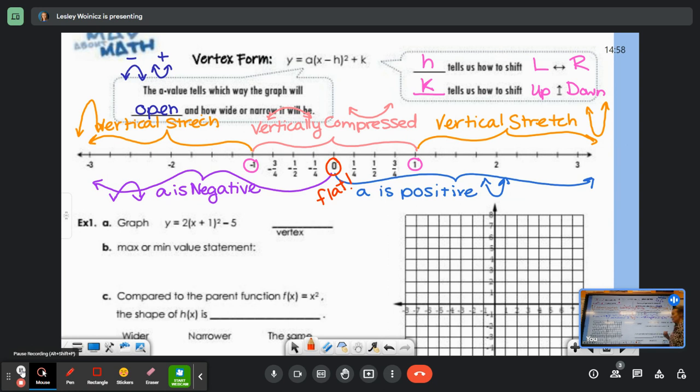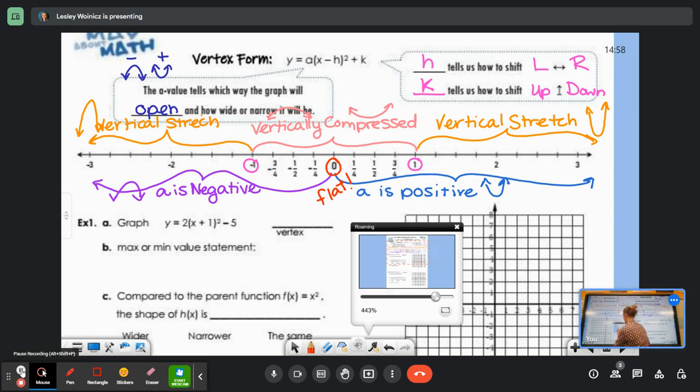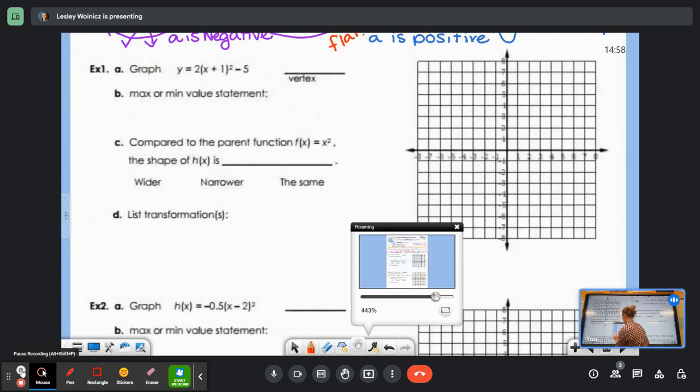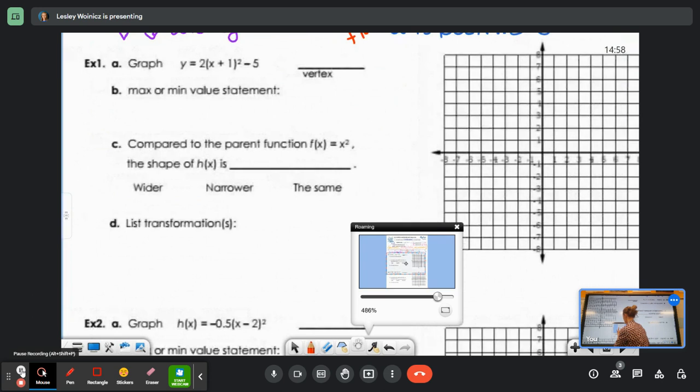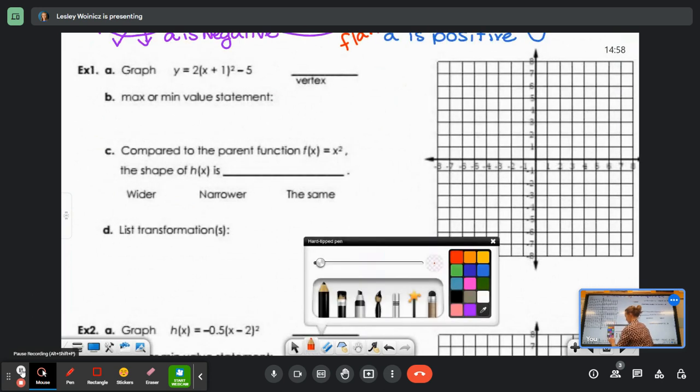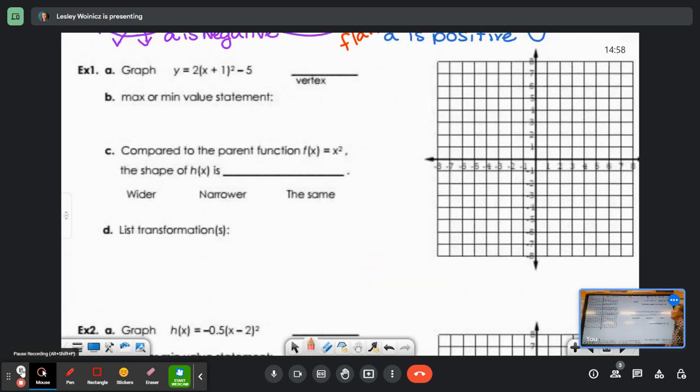All right, let's graph this quadratic and see if we can figure out how to do it. Okay, let's start. We'll go from left to right with our A, H, and K. What is our A value here? The 2.